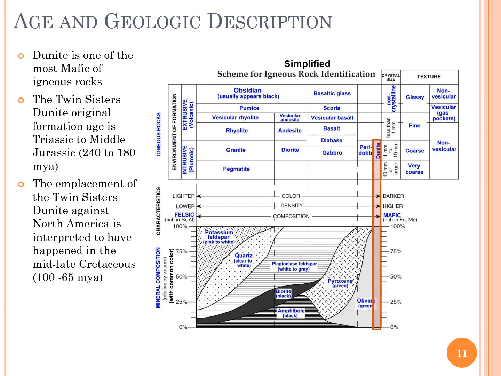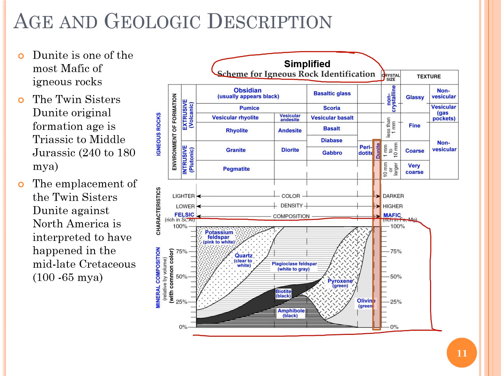Now, in this schema on the right here of this simplified scheme for igneous rock identification, there's a lot of information here, but what I want us to look at and focus on is a diagram that we've used in other geology of sculpting stone presentations, and that's this diagram down here that breaks out different compositions of the core minerals of most igneous rocks: potassium feldspar, quartz, plagioclase feldspar, biotite, the black type of being called muscovite, some complex minerals called amphiboles, pyroxenes.